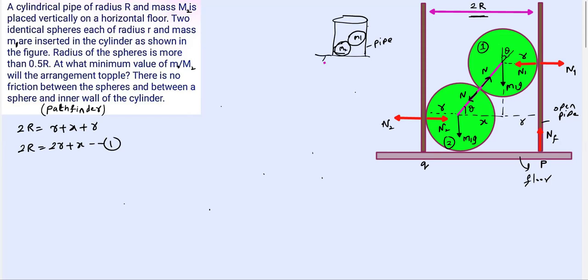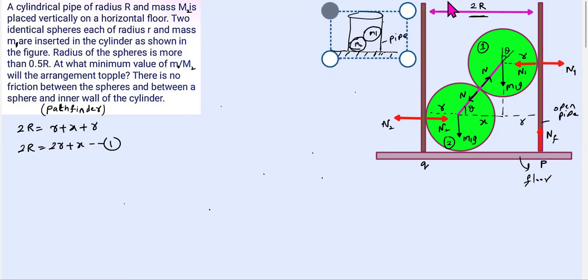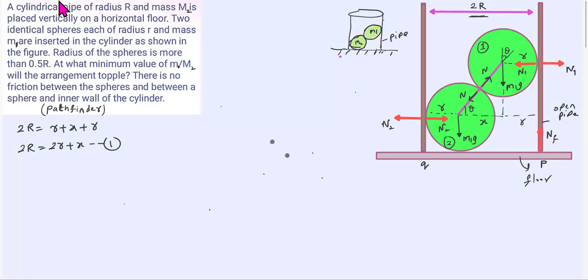Then there's a floor. I'm giving a 3D diagram. You can keep this also. So we'll come back to this one.